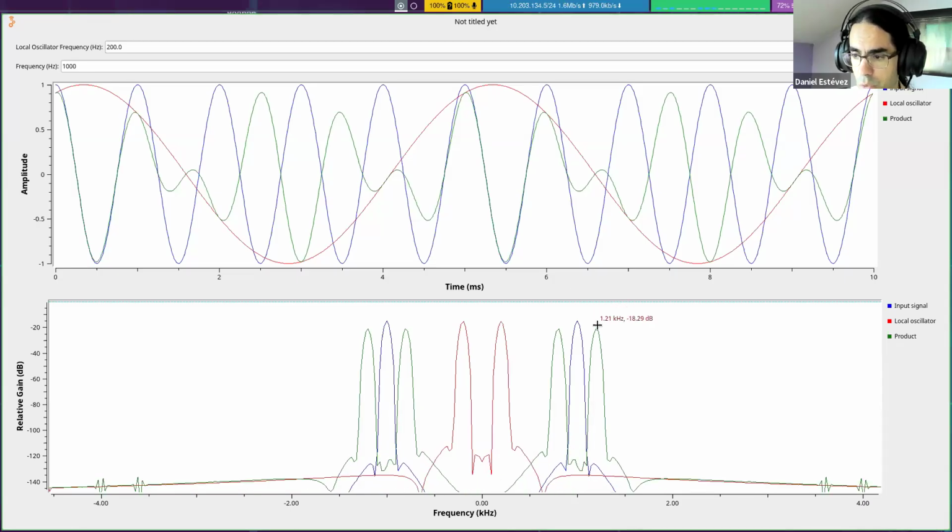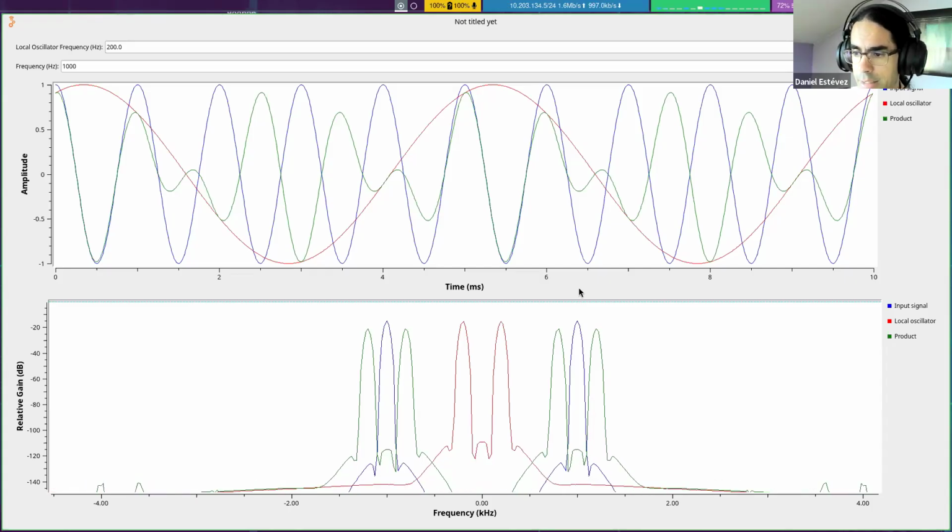So that is the reason why we get the sum of frequencies and the difference of frequencies. Essentially, there is a maths formula that tells us that this is what happens. So that's one way of understanding this result.